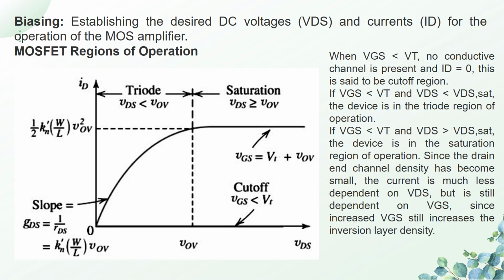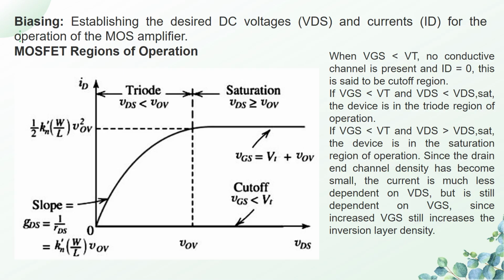So next we are going to see about the MOSFET's regions of operation. So just look at the figure. Actually the MOSFETs can be operated under three regions. One is cutoff region, then triode region, and the third one is saturation region. Now just look at the cutoff region.